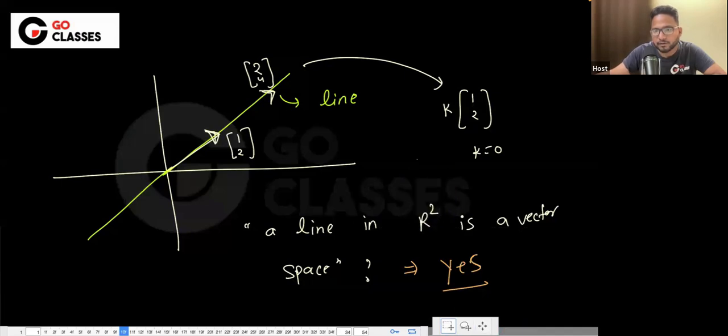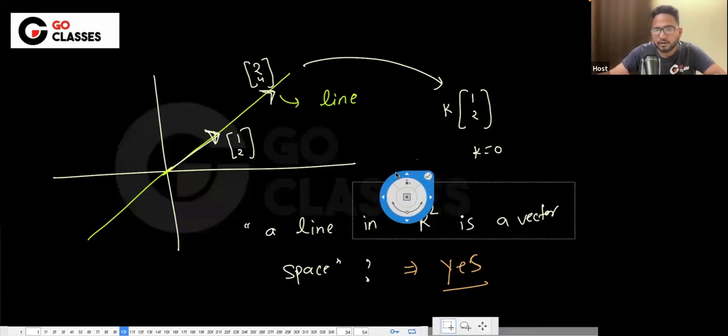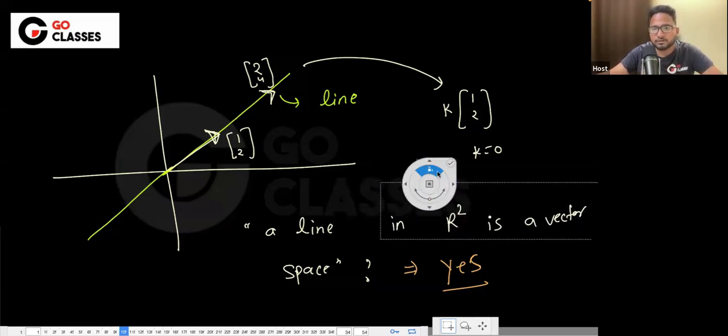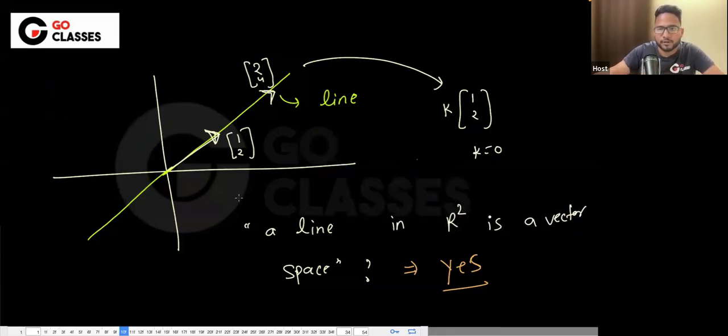Let me also give the definition of the line here, just to be more clear: k times (1, 2). A line in R2, the equation of the line is k(1, 2) in R2, is a vector space. Then the answer is yes. Is this okay?